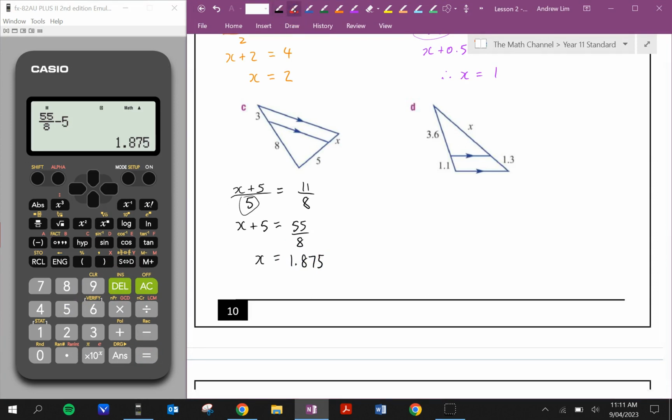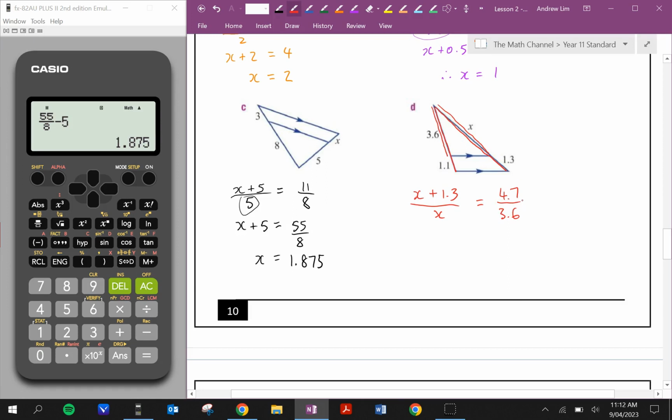All right, question D. Long corresponding side over short corresponding side. x plus 1.3 over x is equal to long corresponding side over shorter side. So that's 4.7. When we add them together, we get 4.7 over 3.6.